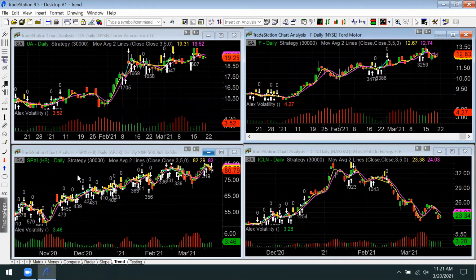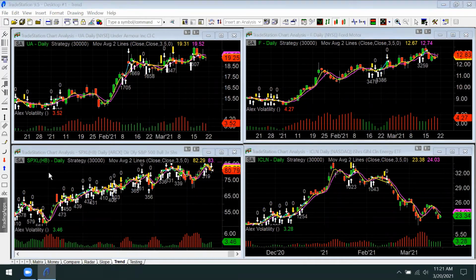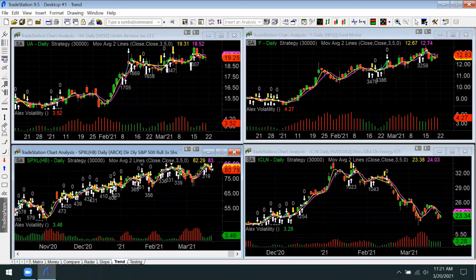As an example, SPXL, that's one of my favorites. Looking at that one, we'll go all the way back to January. It's basically going up, and there have been 1, 2, 3, 4, 5, 6, 7, 8 trades in SPXL.